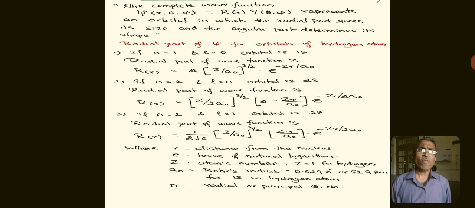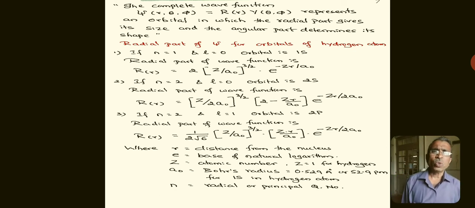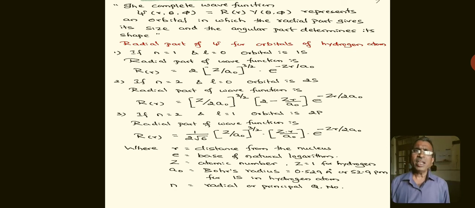Radial part of psi for orbitals of the hydrogen atom. If n is equal to 1, it refers to the K shell, and l is equal to 0 refers to the s subshell. Hence the orbital is given as 1s.